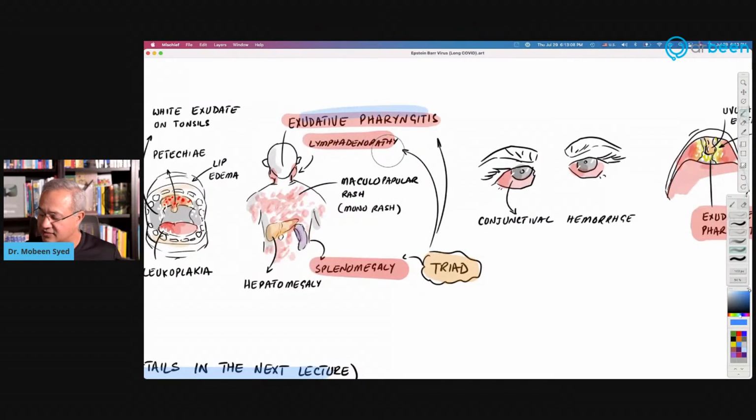Then, as I discussed, exudative pharyngitis, lymphadenopathy, splenomegaly, hepatomegaly as well, liver enlargement can occur as well. Now, splenomegaly is important because most of the time mono occurs in youngsters. So young athletes who have mono, and if they continue to play their games, especially contact games, that might end up causing splenic rupture.